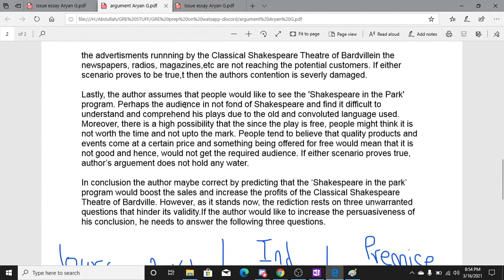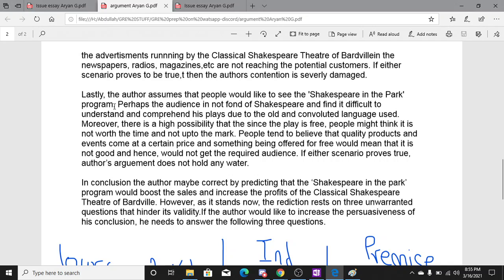Third one. Lastly, the author assumes that people would like to see the Shakespeare in the Park program. Okay. Again, if this would have been stated in the question format, this is how I would have stated it. Lastly, the author has stated that simply introducing this program, the summer program in a certain park, is going to allure more people.